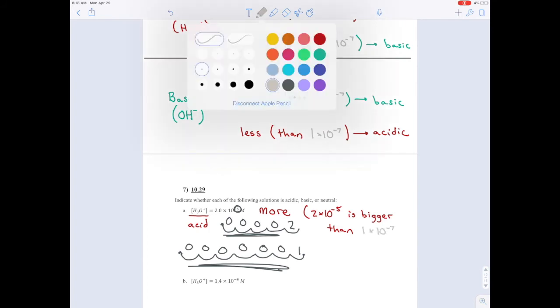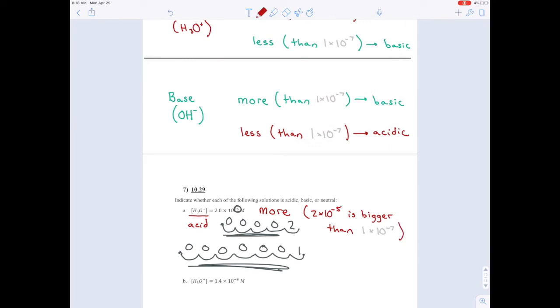And I know at first glance that might look a little confusing because you'd say, wait a second, 7 is bigger than 5. But remember, that exponent is telling you how many zeros go in front of this first number. And if you only have 5 zeros in front of it, that's going to be a bigger number than if you had 7 zeros in front of it, like we saw here.